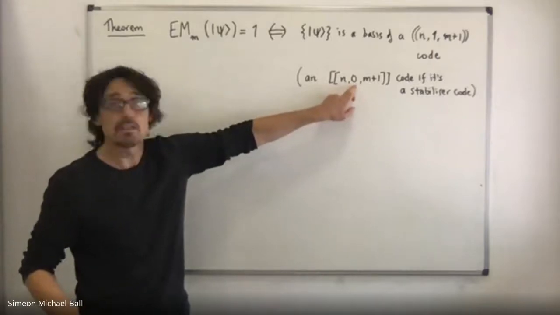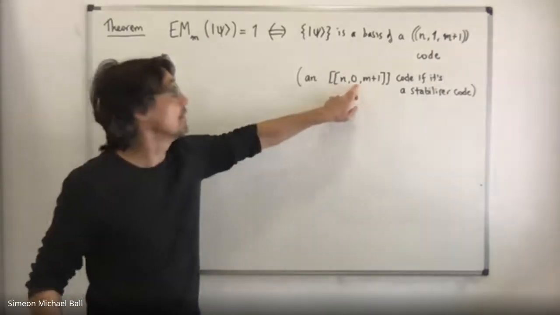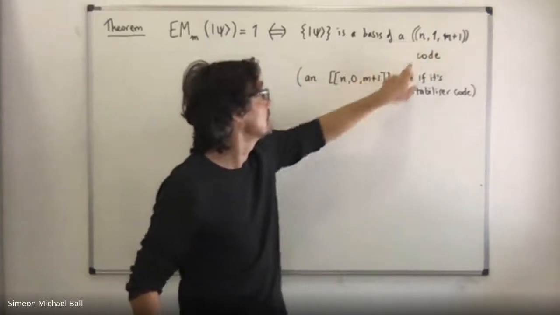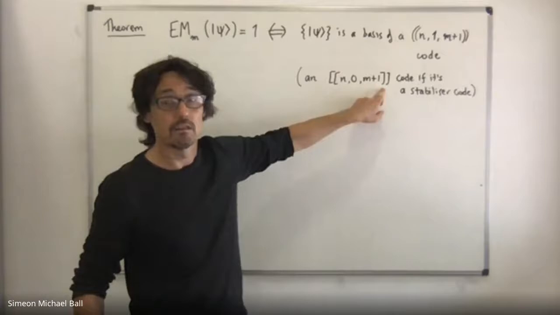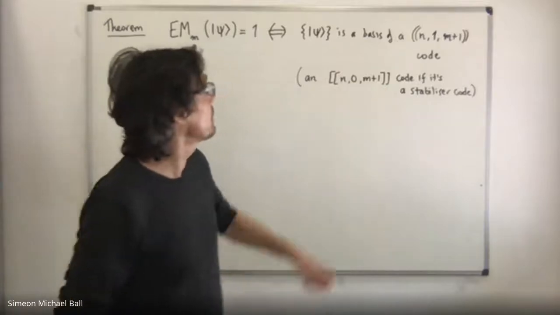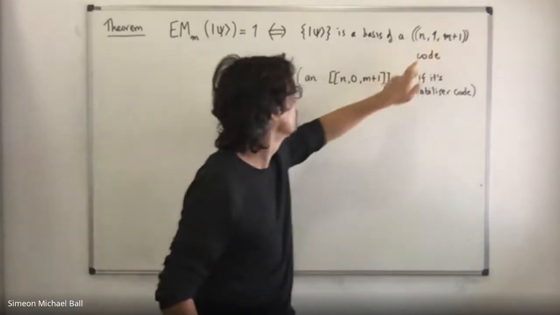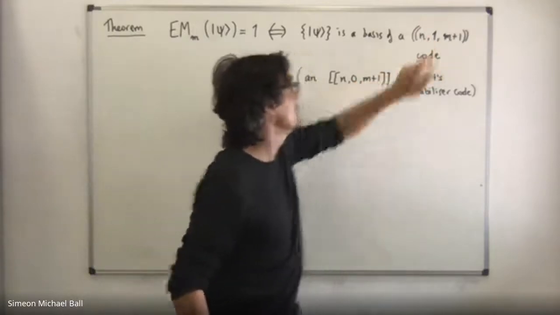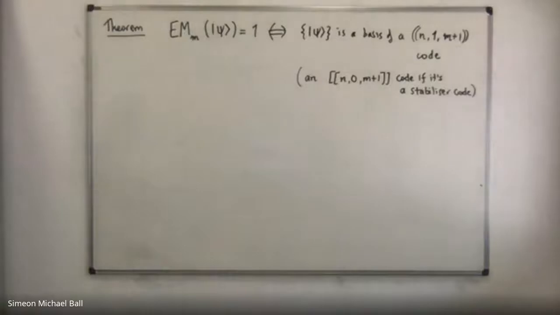So this means the dimension is 2 to the 0, which means the dimension is 1. So that's the difference between the parenthesis and the double brackets. I don't know if I mentioned that before, but this means a one-dimensional code. And then these have the same parameters as before, so D is M plus 1.